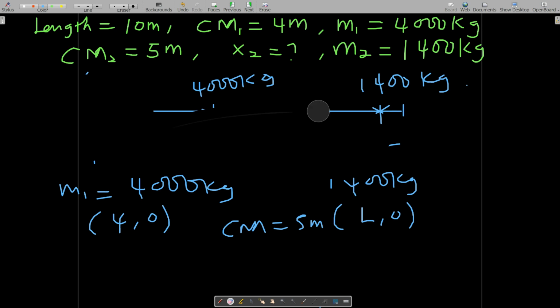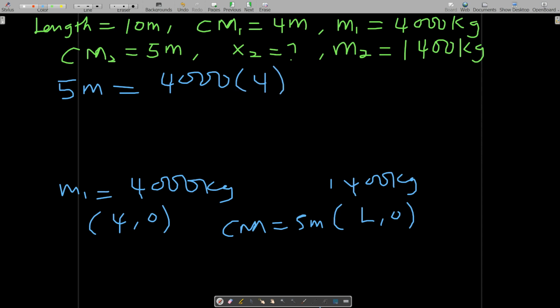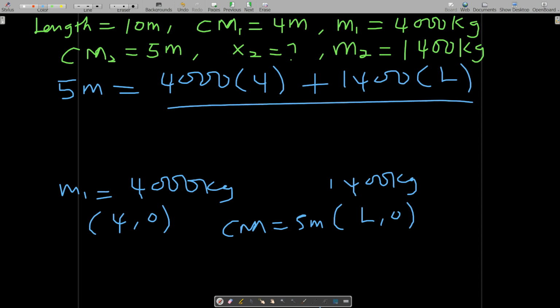So we know that the total length is 10 meters, and let's start with the solution. The center of mass, which is 5 meters, is equal to the first mass, 4,000 kilograms, times the first x coordinate, plus the second mass, 1,400 times the second x coordinate, over 4,000 kilograms plus 1,400.